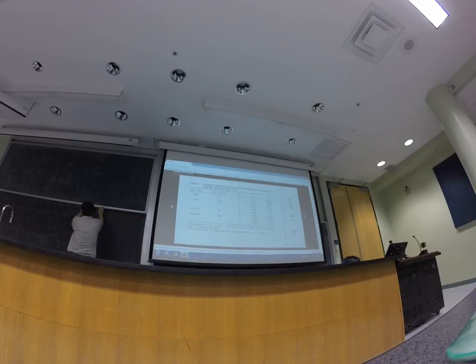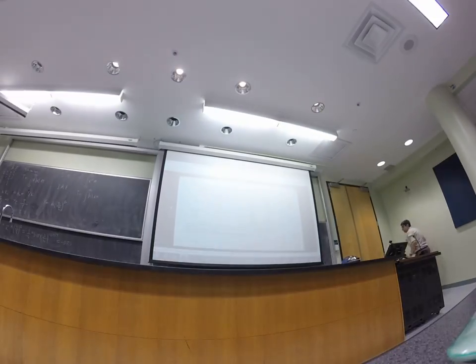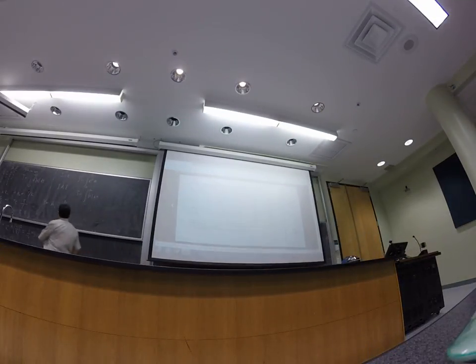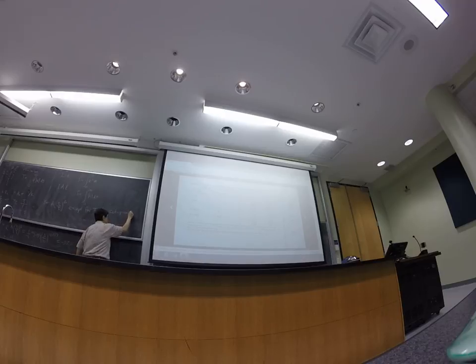Y is this, except for tau I for set point changes, in which case y equals a plus b times d over tau. Correct. Yeah. Okay, clear? All right.